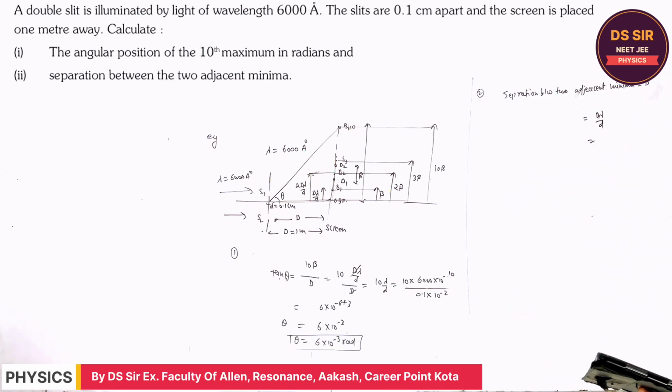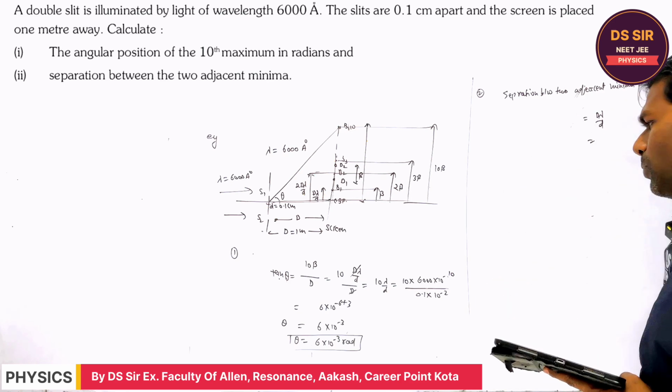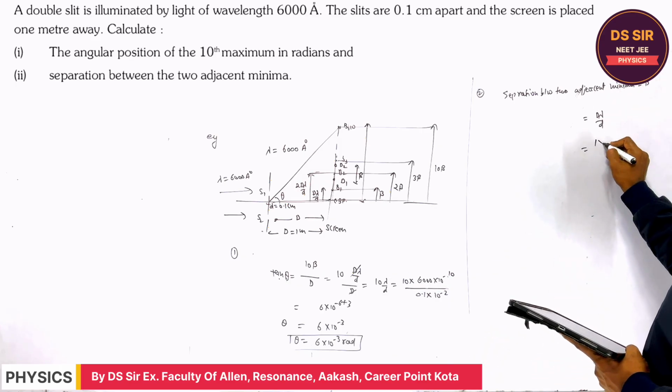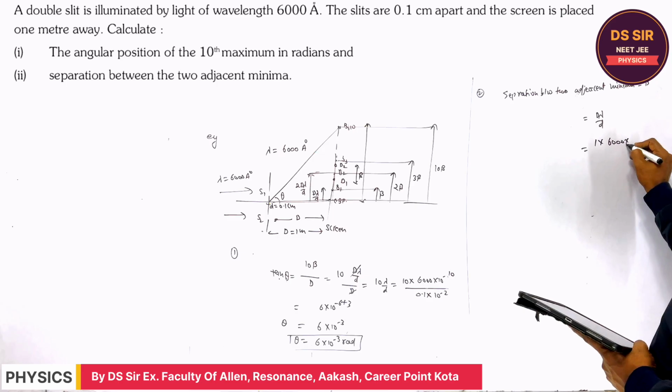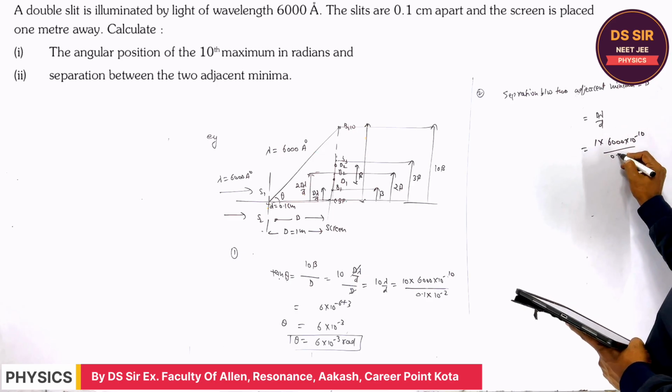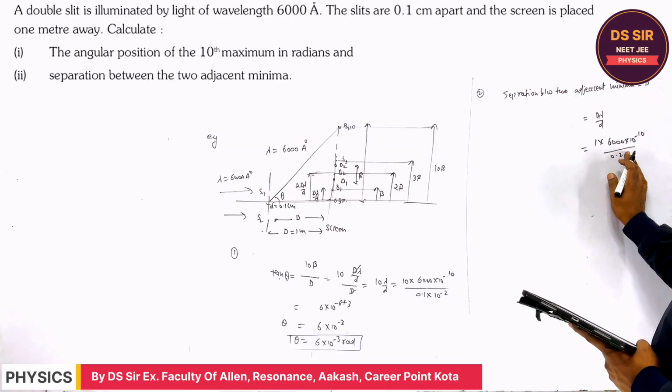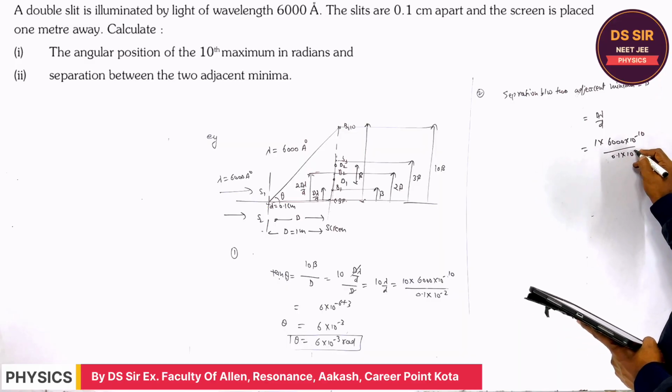Getting or not? So you can put the value, d lambda over d. Capital D is 1, lambda is 6000 angstrom, small d is 0.1 centimeter.